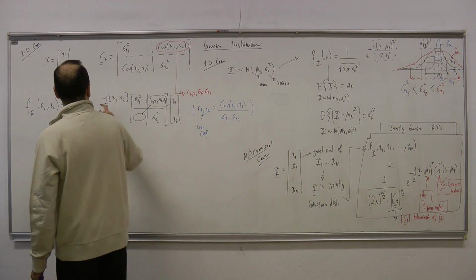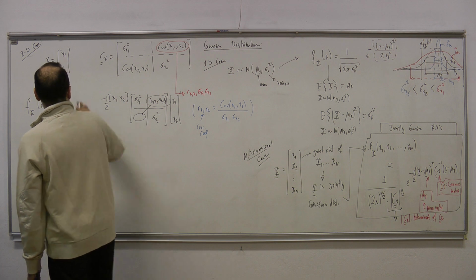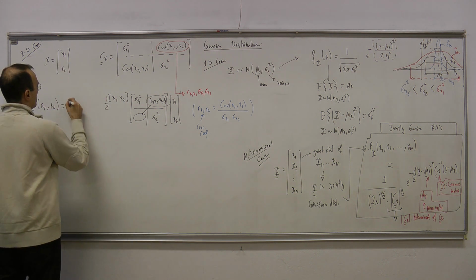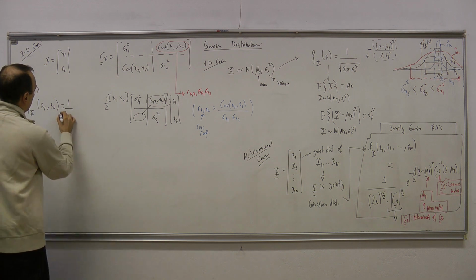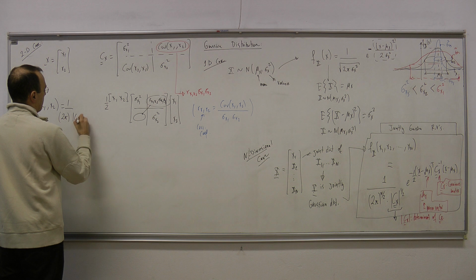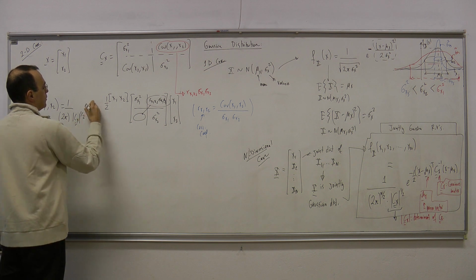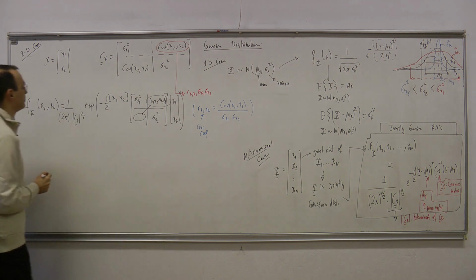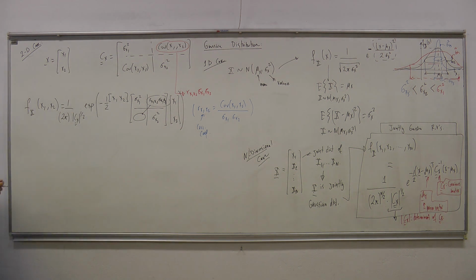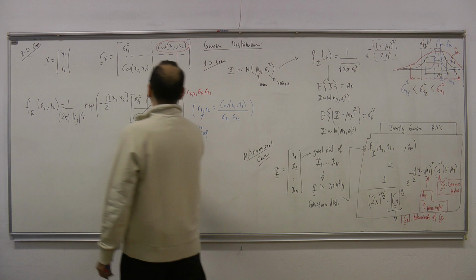So this is, let me move this a little over here. 1 over 2 pi. So this is exp. Let me write it like this. Okay. I have something like that. So this is the same as this one.